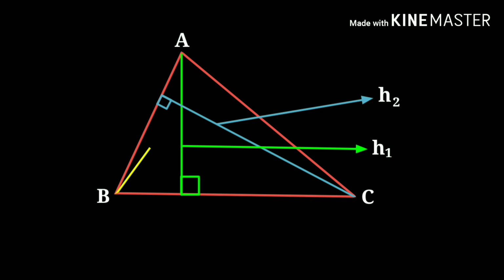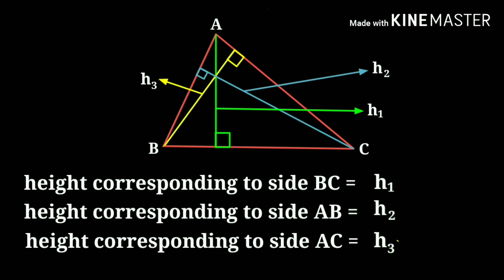Now let's draw another perpendicular from B onto AC, and this is called the height corresponding to the side AC, and this is of h3 units length. So from this figure it is clear that h1 is the height corresponding to side BC, h2 is the height corresponding to side AB, and h3 is the height corresponding to side AC.